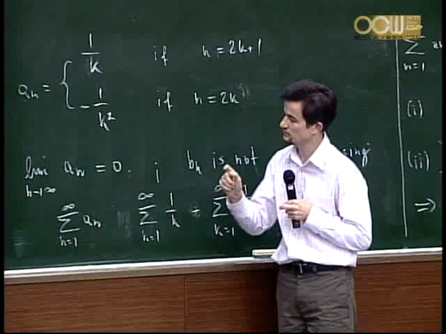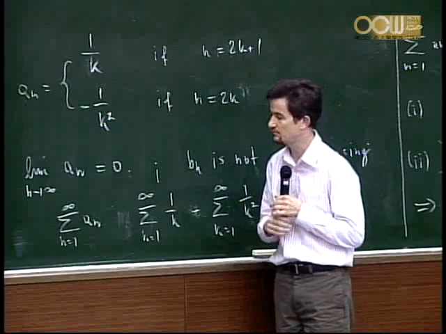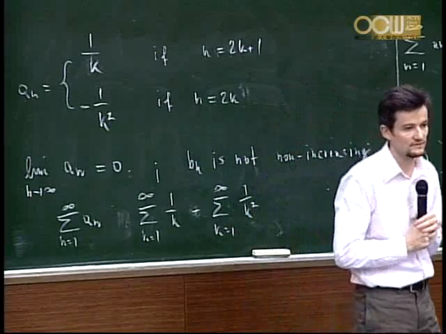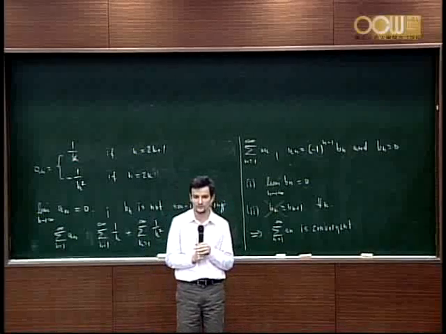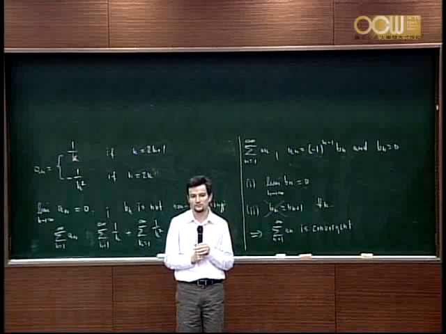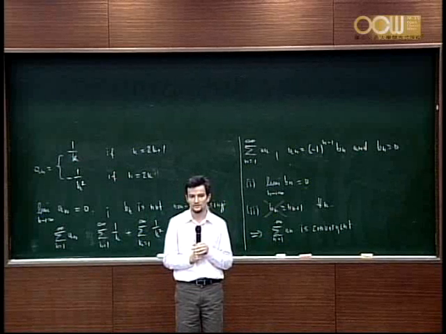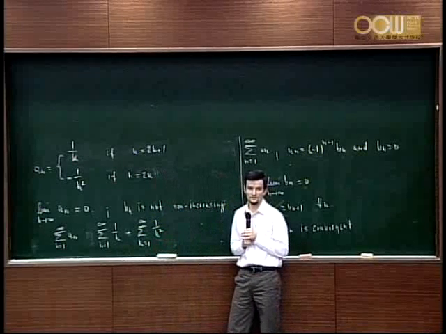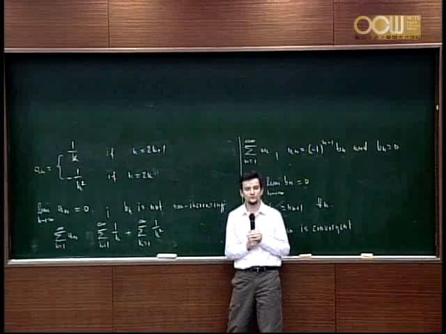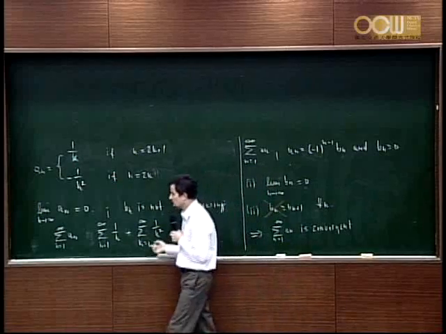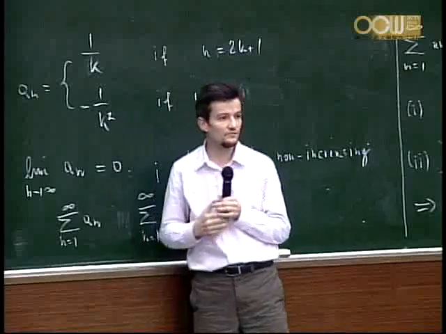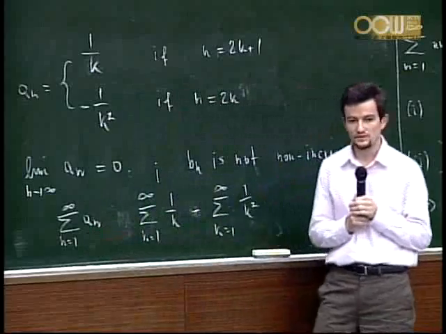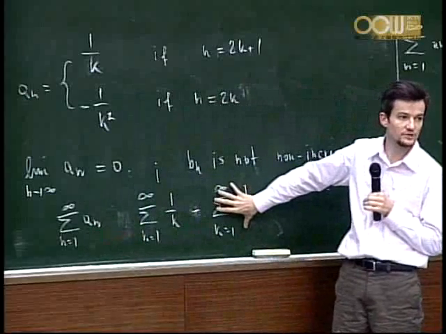It's not necessarily true, as I emphasized last time, that the series over an plus bn is equal to the series over an plus the series over bn. You need an assumption, namely that both of the series are convergent. Now here you see that this series is divergent. So the way you argue is indirect. You say, let's say this series is convergent. But if this series is convergent, you can add this one because it's convergent as well.